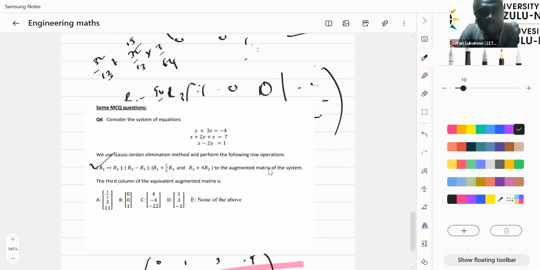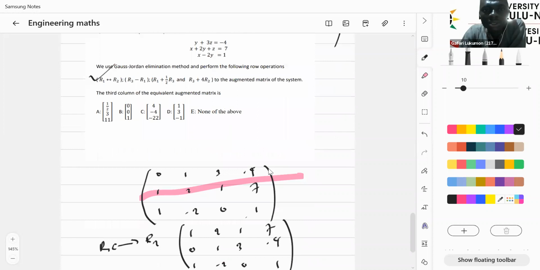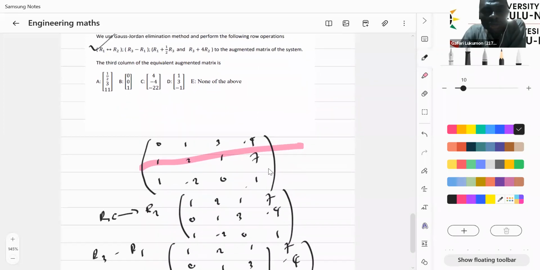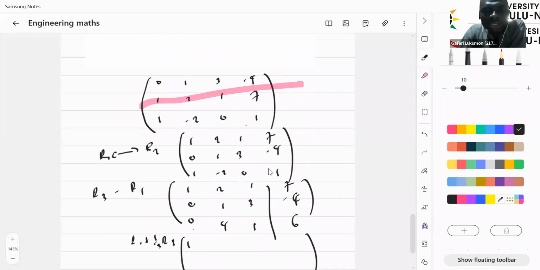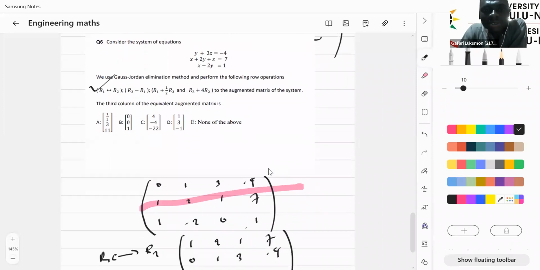What is wrong? Because they performed the operation here, R1 plus half R3. Then it means we've made a mistake of negative somewhere. Can we check that again?